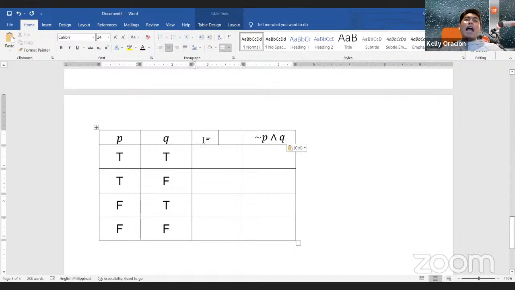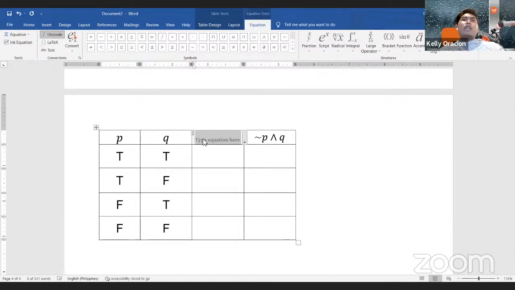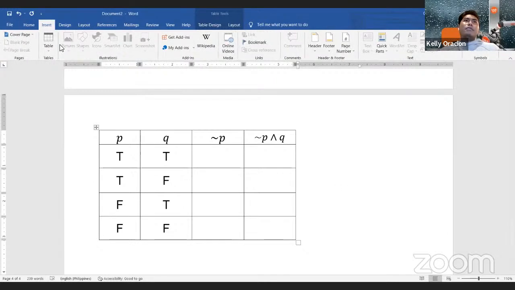So, the first thing we will find is the negation of P. Again, negation of P. So, let's make a tabon-tabon ulit.